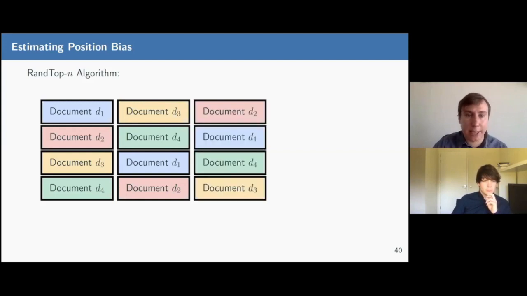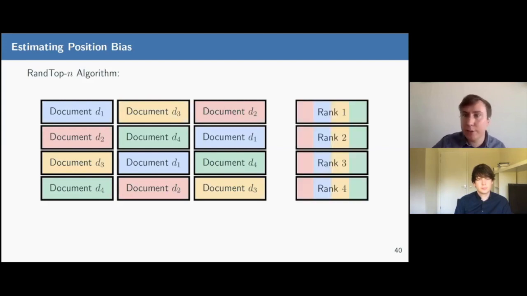Then we do the same thing, and keep collecting a large amount of user interactions where we constantly randomly shuffle the order in which these documents appear. If we average this over many user interactions, document 1, say the blue document, has been placed at rank 1, say 25% of the time, and at rank 2, 25% of the time, etc. Each document, in fact, appears at each rank with an equal probability.